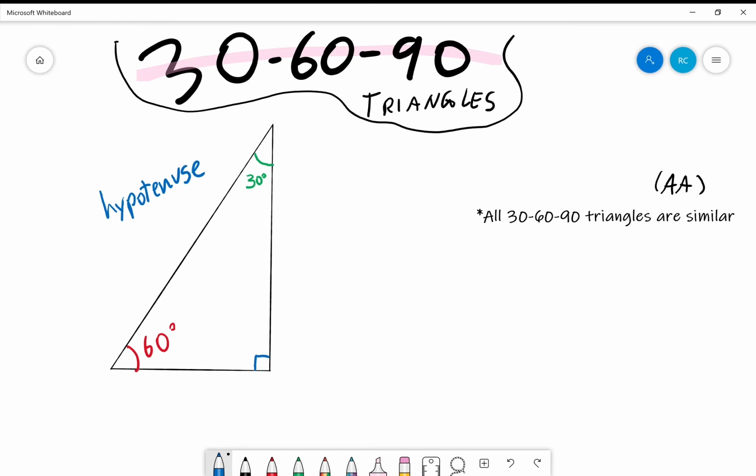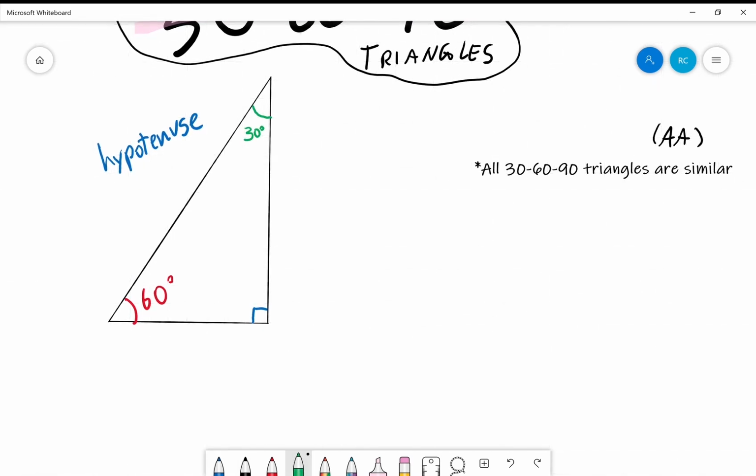And from here on out, with 30, 60, 90 triangles, I am going to call the side that is opposite the 30-degree side the small leg. And I'm going to call the leg opposite the 60-degree angle the large leg.